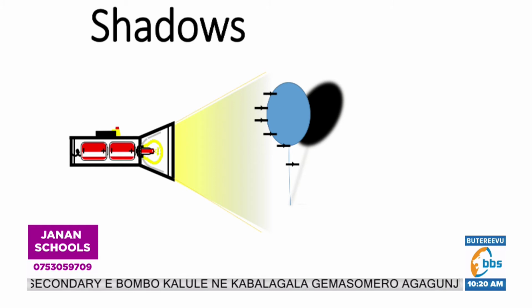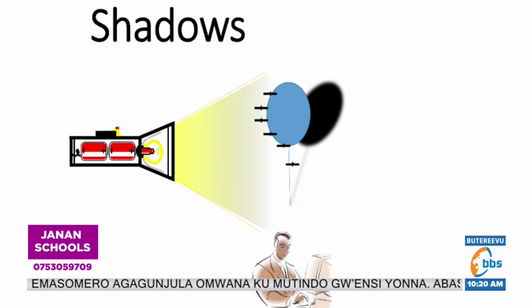Now let me show you the one for the human being, that is a person. You see what the shadow will be like for the human being. Is that okay?